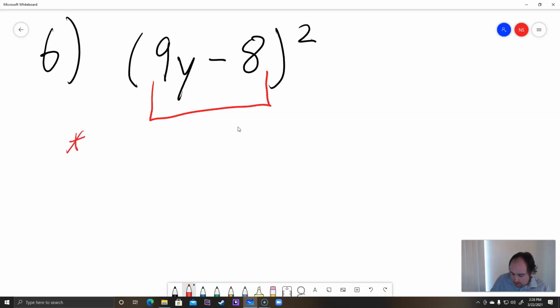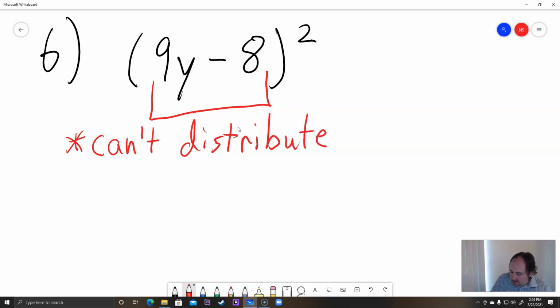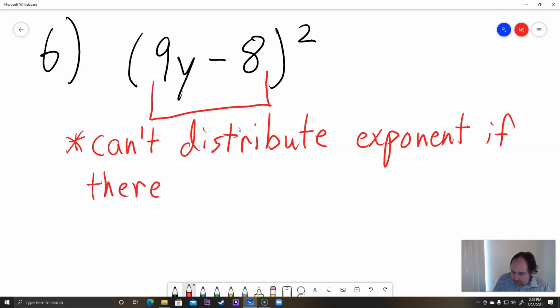So you can't distribute the exponent if there is more than one term. Okay? You can't distribute the exponent if there is more than one term.